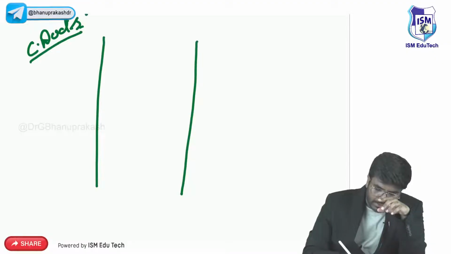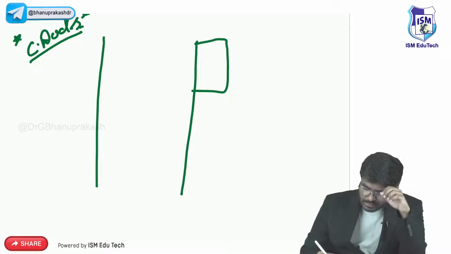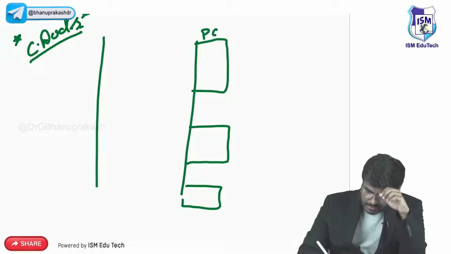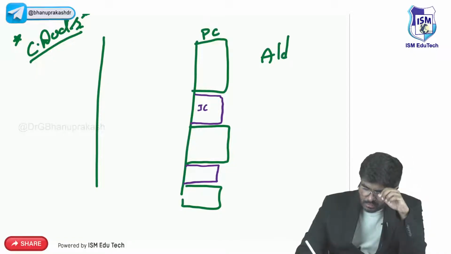Okay, now we have the collecting ducts. What are these cells? We have cells called the principal cells. In between the principal cells, we have the intercalated cells, the IC cells. Now remember, this is the aldosterone.